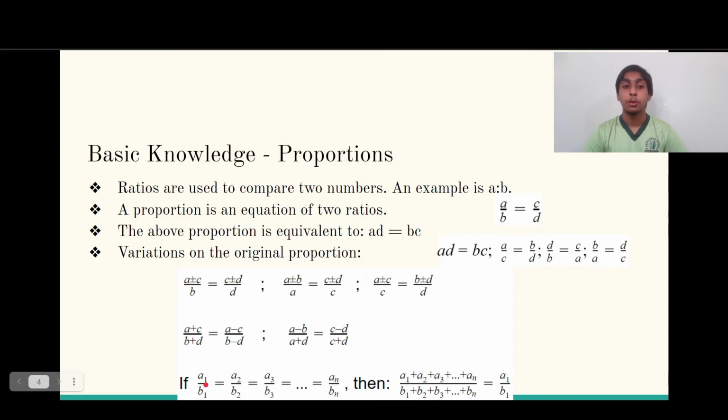Now, if A1 over B1 is equal to A2 over B2, which is equal to A3 over B3, and so on until AN over BN, then you can rewrite this as A1 plus A2 plus A3 all the way to AN over B1 plus B2 plus B3 all the way to BN is equal to A1 over B1. So here, again, this ratio is being compared to this ratio, and they're equal to each other.